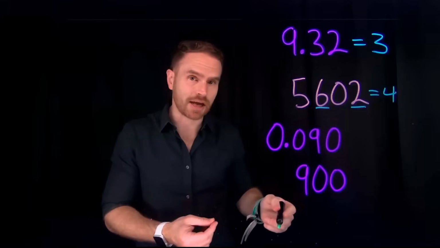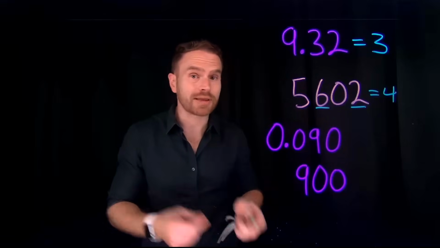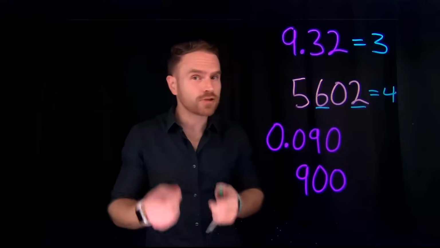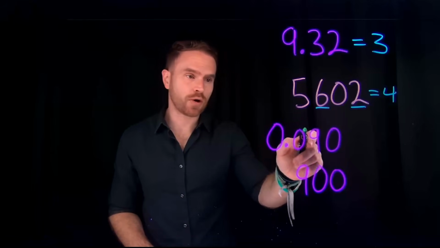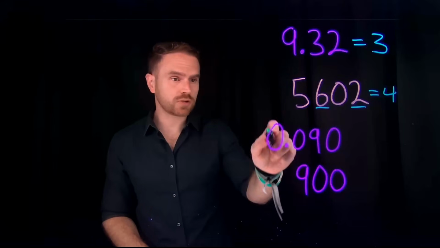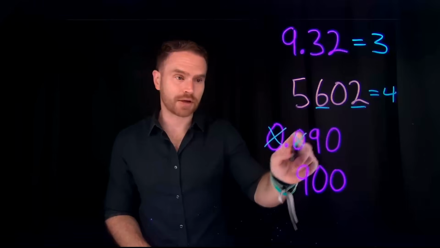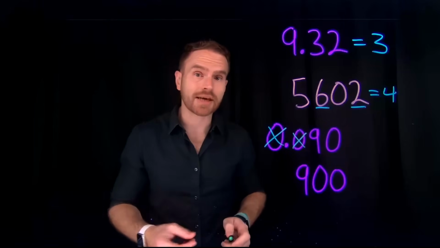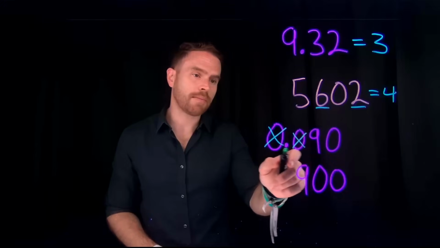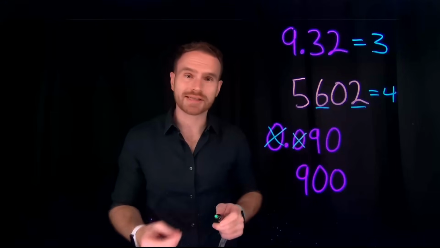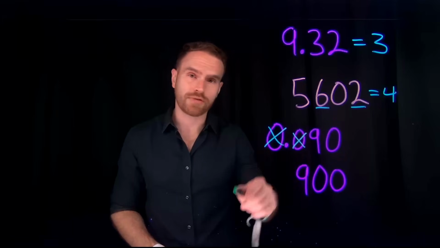In our next example, we have zeros that are leading and trailing, and these are treated differently. In the example where we have 0.090, these first two zeros are actually not significant. We would say that those are leading because they precede a non-zero digit. And even though they come after a decimal place in certain instances, we would say that neither of these are significant.